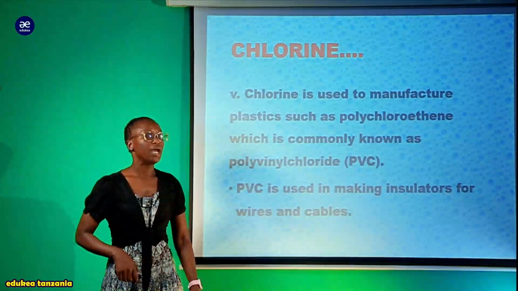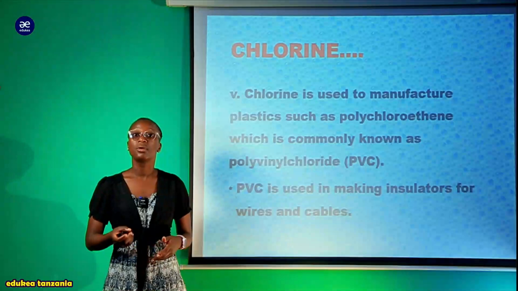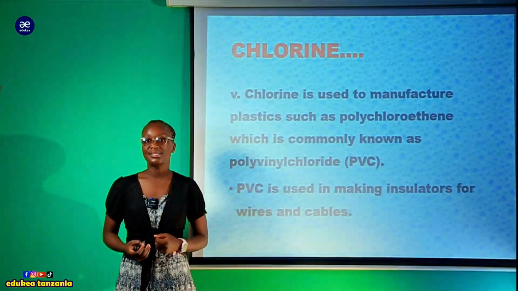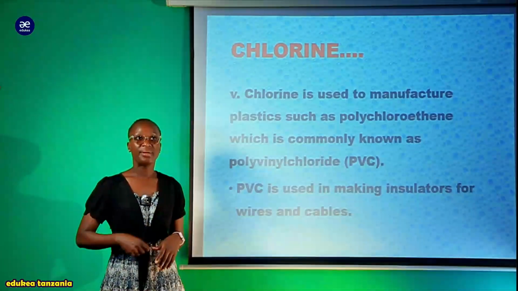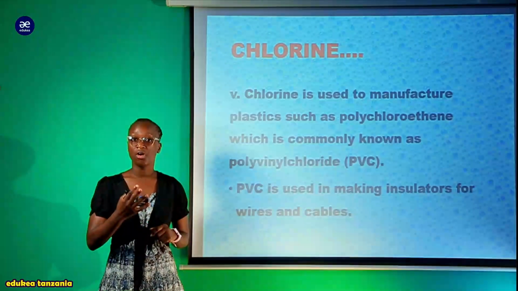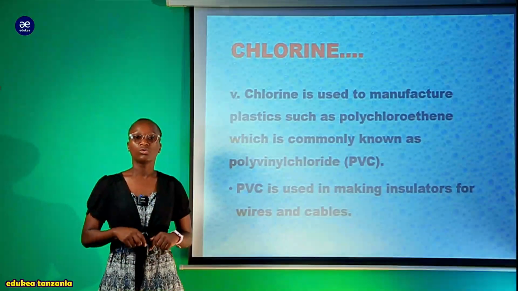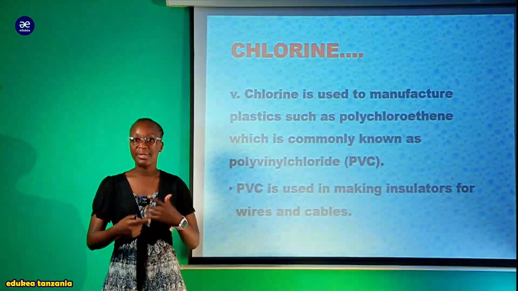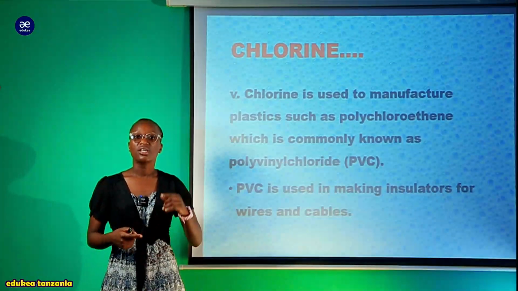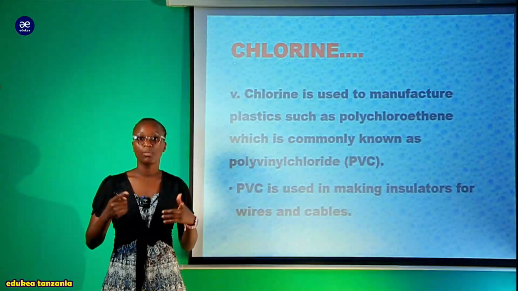Ndo hizi PVC, polyvinyl chloride ndo zimetumika pale kutengenezea yale material. Unaona kabisa ile nyaya ya umeme imepita nyumbani, go and observe, I hope mmeona sana. So utaona imekuwa covered na kitu kama cha plastiki, si plastiki, mpira si mpira, those are insulator materials. Yenyewe hairuhusu umeme kupita.